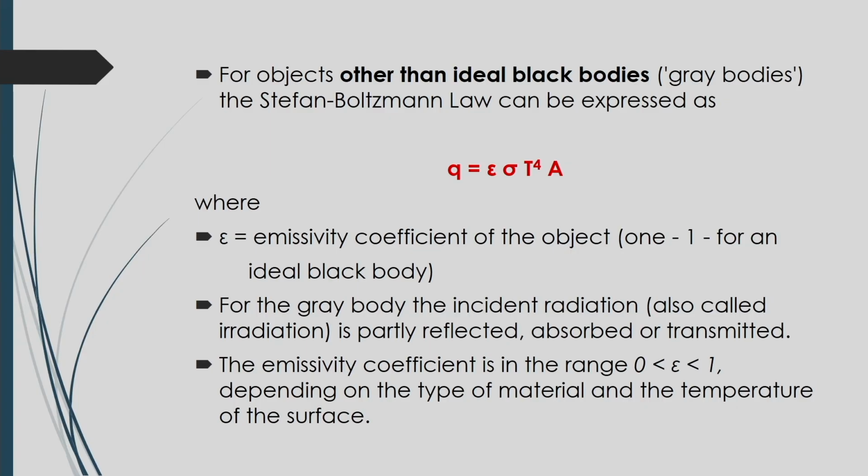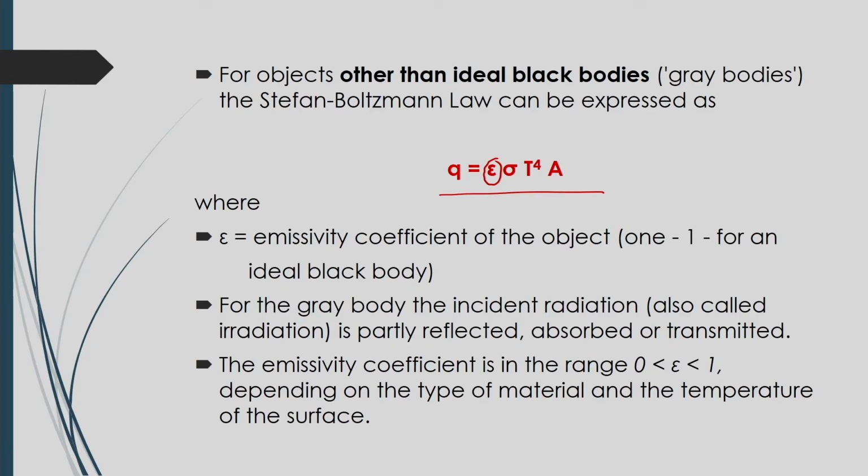You know that objects other than ideal black bodies are called grey bodies. Now, the Stefan-Boltzmann law can be expressed as Q equals epsilon sigma T to the power 4 into A. Here one important parameter is epsilon.